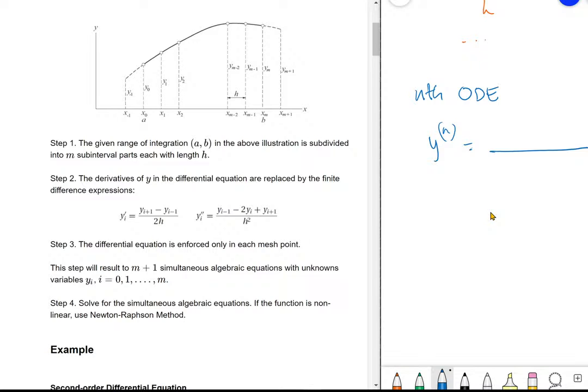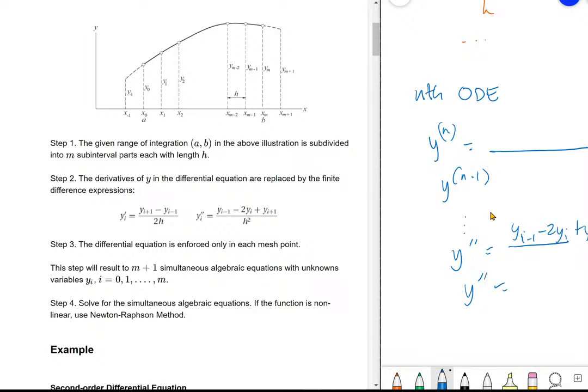Actually, this can be expressed from the previous n minus 1, and then from the previous y prime. So y double prime is y_{i-1} minus 2y_i plus y_{i+1}, divided by h squared.